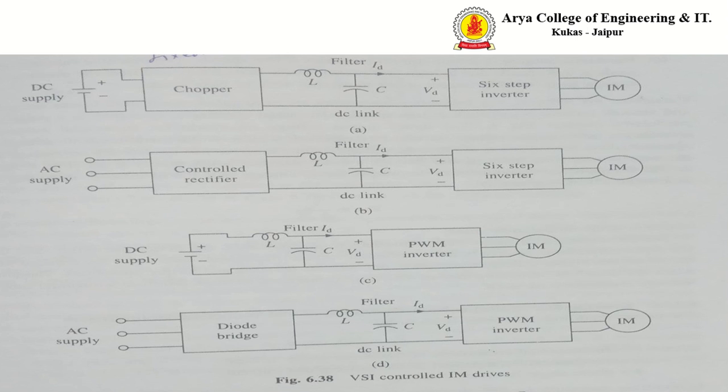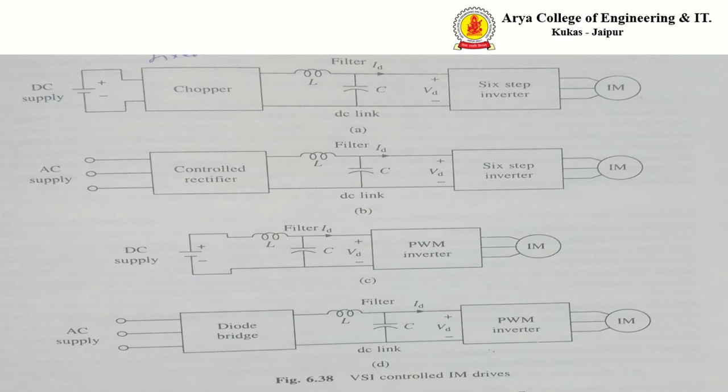In the first configuration, the DC supply is the input supply, and it feeds the chopper. The chopper converts fixed DC to variable DC, and the variable DC is filtered by the DC link filter.